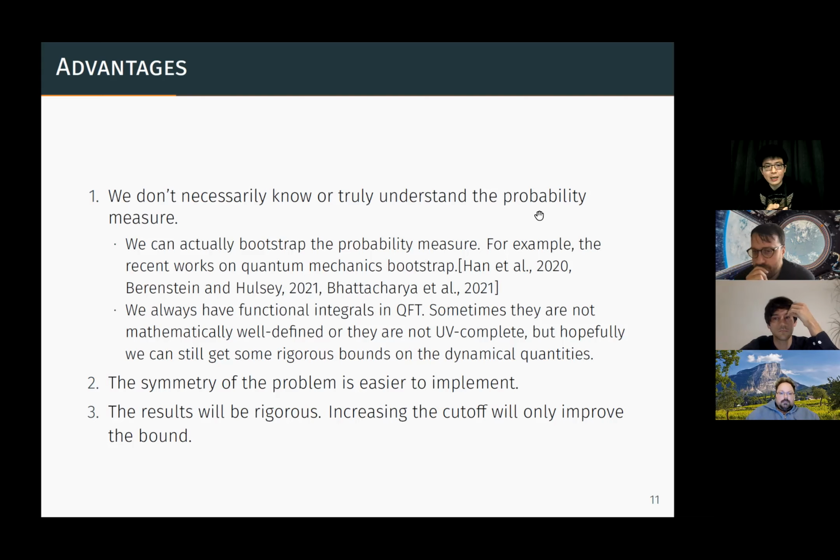So then we can get some rigorous bound maybe on some dynamical quantities. The second advantage is that the symmetry of the problem is easier to implement than in other algorithms. The third one, also the most important one, is that the results will be rigorous. Increasing the cutoff will only improve the bound.